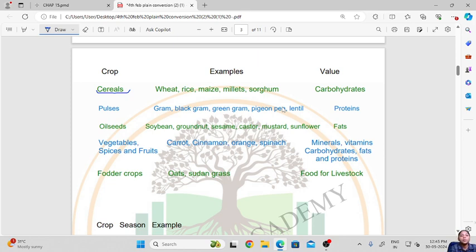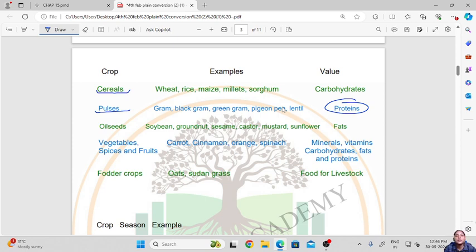Then the second type of crops is pulses. Examples of pulses: gram, black gram, green gram, moong, then pigeon pea, lentils. All these pulses will have proteins, and they will provide us with the proteins in our diet. Then there are various oil seeds which are cultivated.